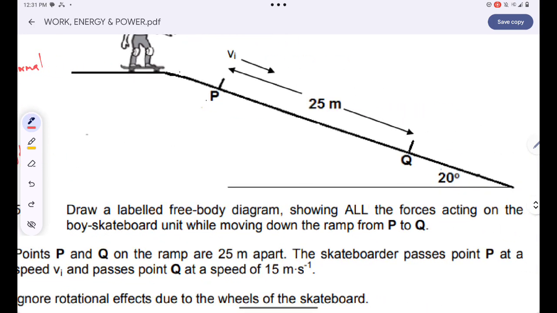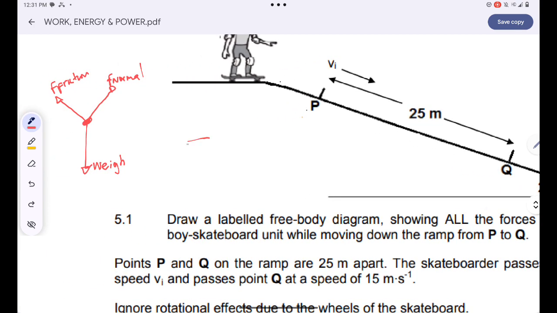However guys, whenever you deal with inclined surface, I always prefer to draw my free body diagram using the components of gravitational force, together. I'll simply draw my free body diagram like this. Yes, there is frictional force, there is friction, and there is F normal.